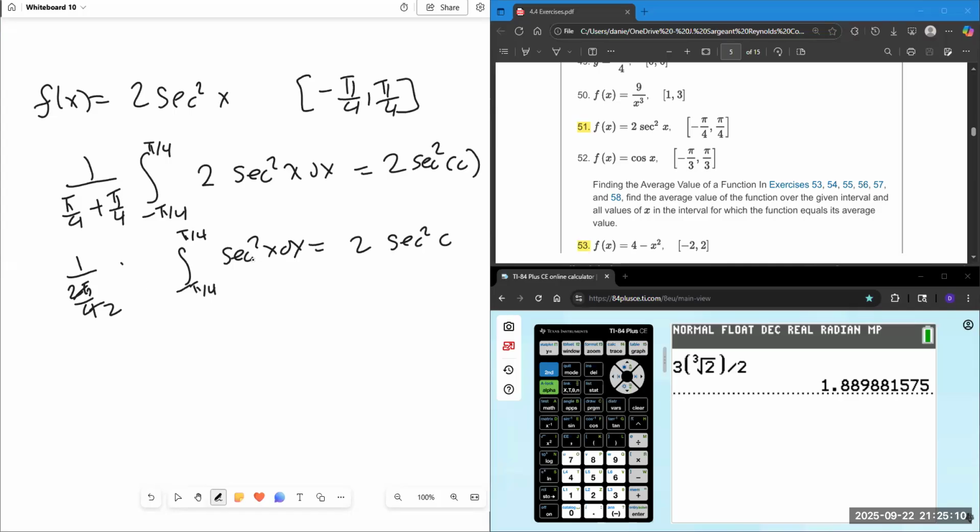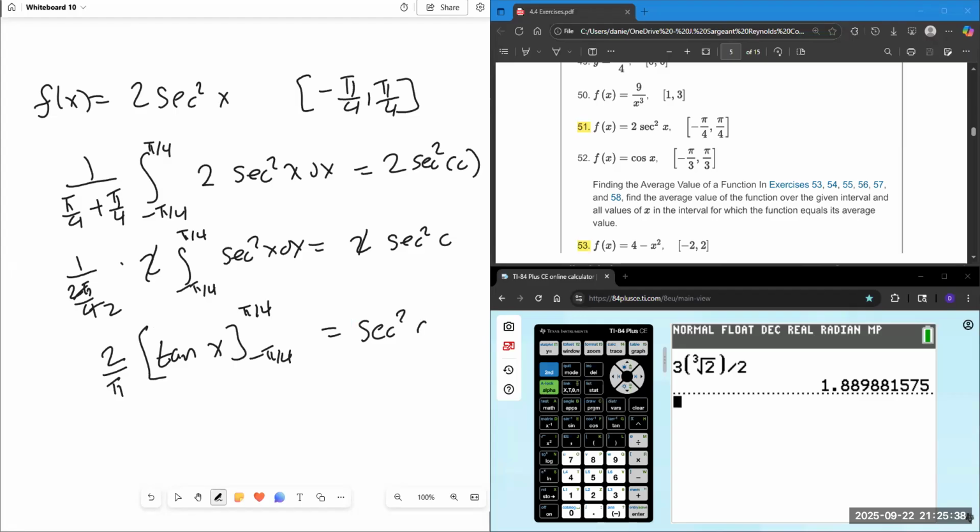Go ahead and eliminate these 2's on both sides of the equation, and then pi over 2, so that's 2 over pi, and then the antiderivative of secant squared is tangent x from negative pi over 4 to pi over 4.